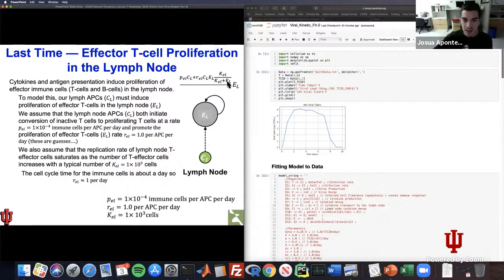Because in that case, this number is high, so this term becomes 0. Okay, it's a bit sophisticated, but it's a sophisticated way of modeling the fact that you cannot have an infinite number of effector cells. So you need to have some limit on their growth, and this is the way that we model it. It's not the only one though.